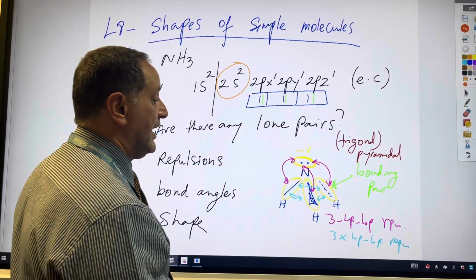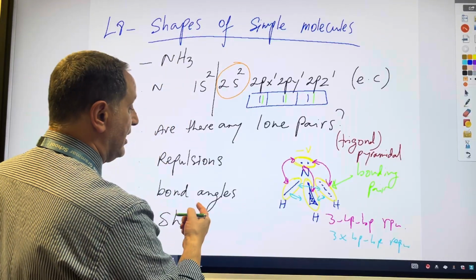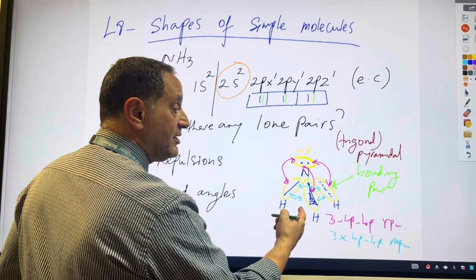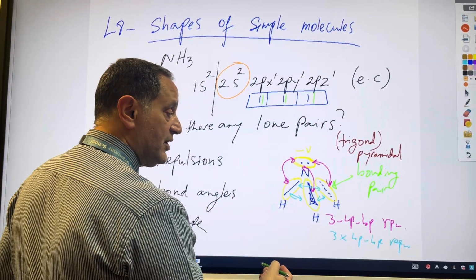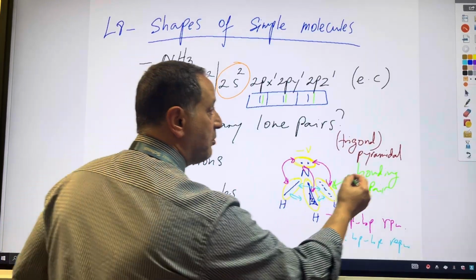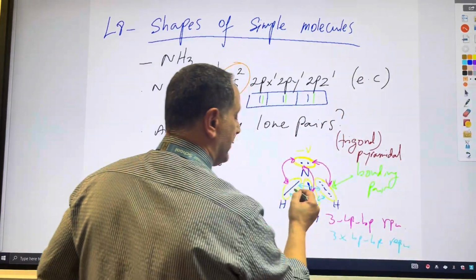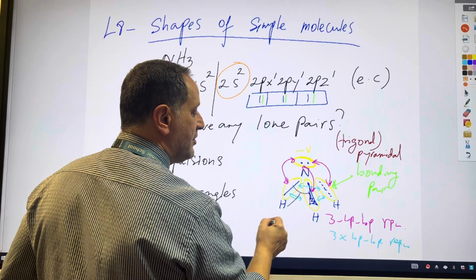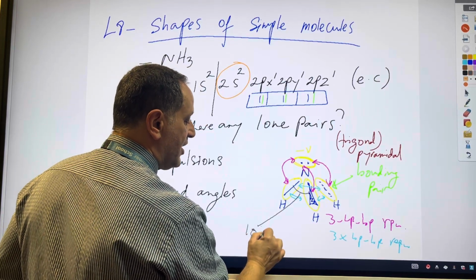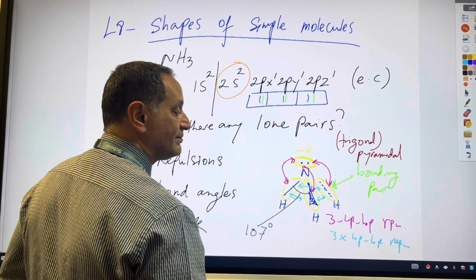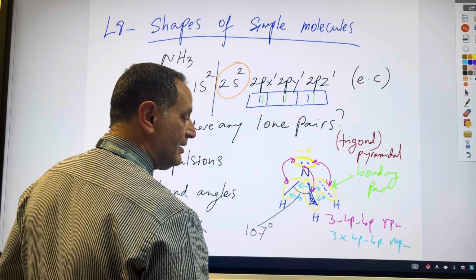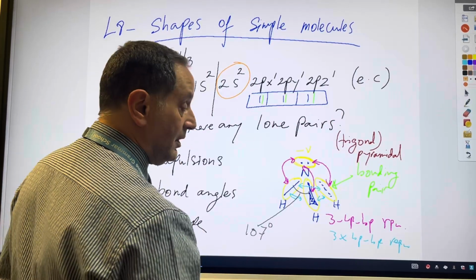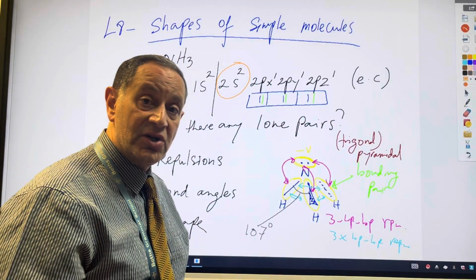And then the other thing that you have to talk about, after you've talked about the repulsion forces and what they are, is the bond angle, yeah? So the bond angle, when you have 3 bonds and 1 lone pair, is 107 degrees. Okay? And then the shape is trigonal pyramidal.